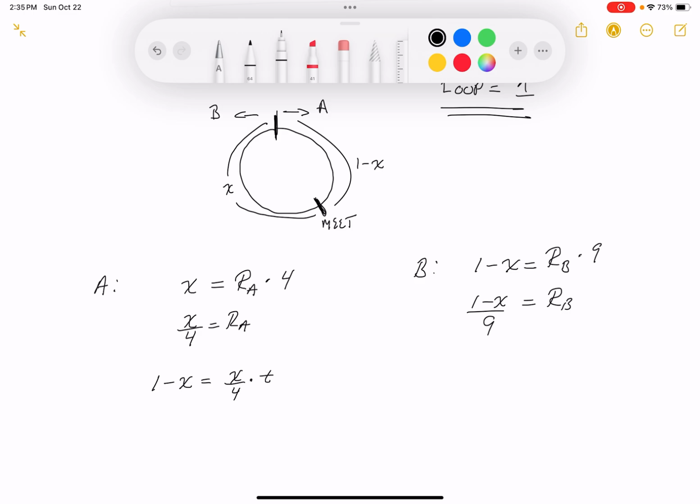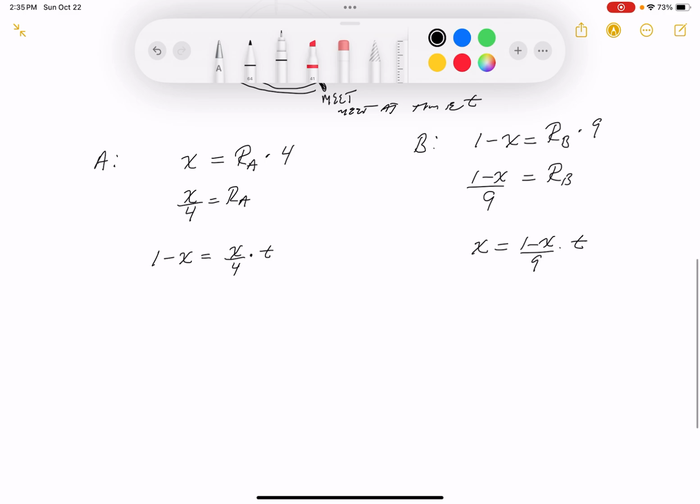By the way, time is the time it takes them to meet. So they meet at time t. This is when they first met, by the way. And B would have to cover x at a rate of (1 minus x) over 9 times t.